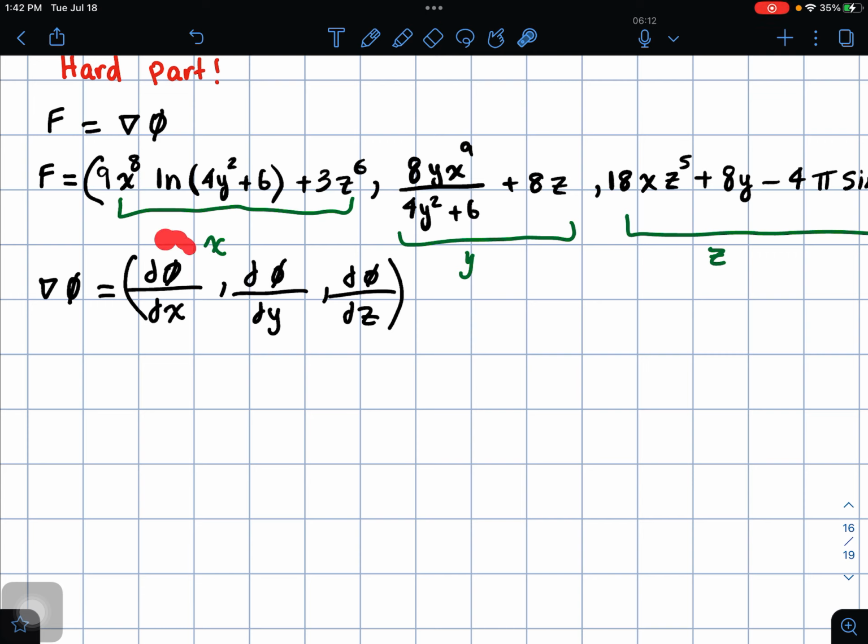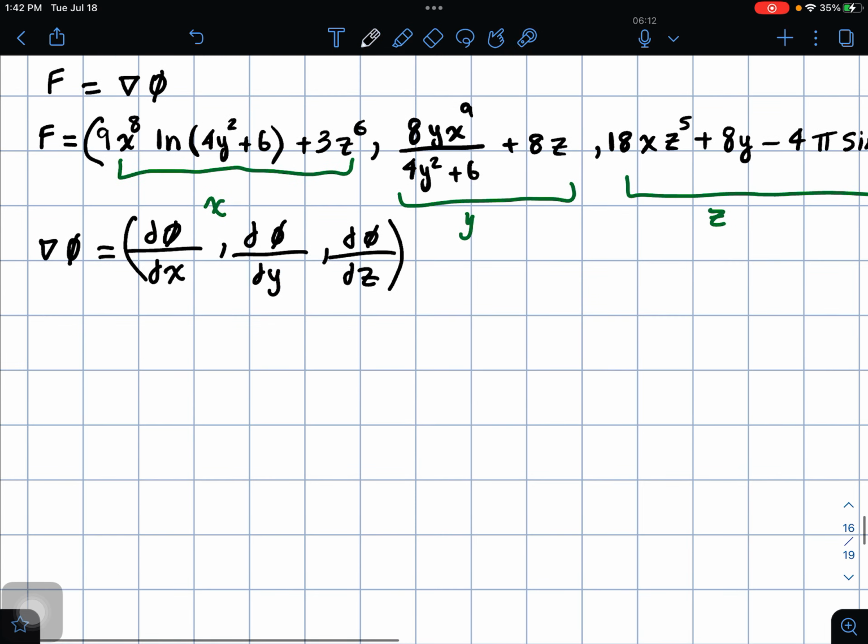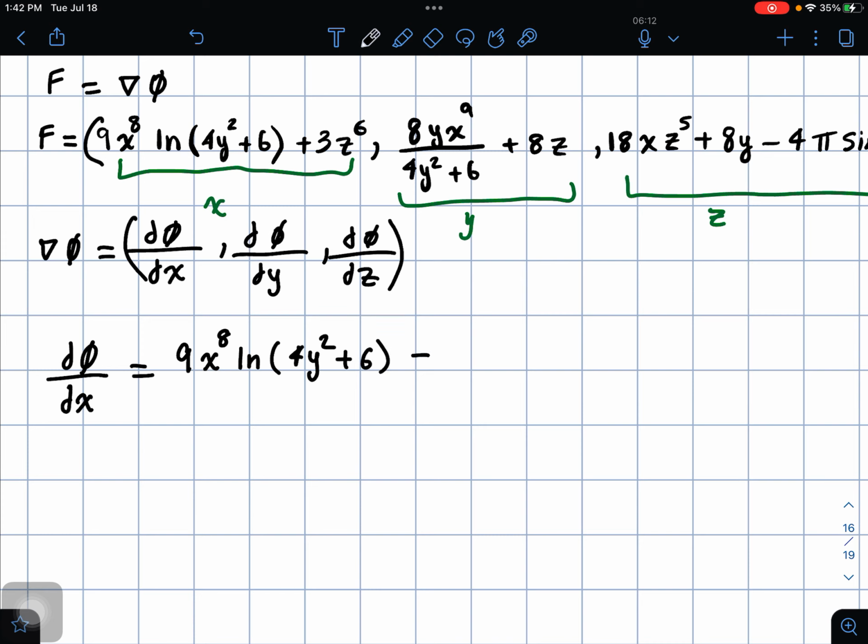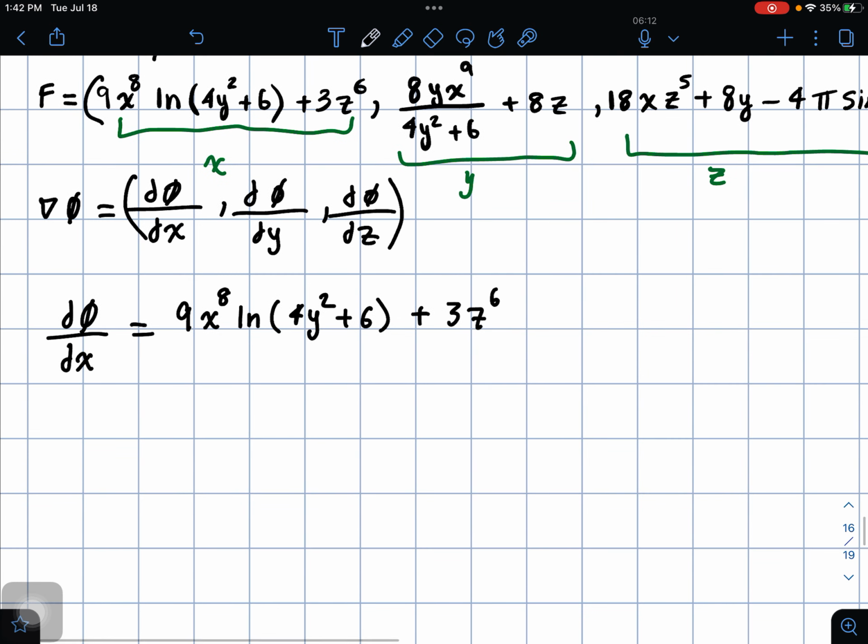They're both coordinates, so what you can do is just equate the components. You see how these are equal, these are equal. So you start off with this and set them equal: del phi del x is equal to 9x to the 8 ln 4y squared plus 6 plus 3z to the 6. Okay, that was the whole x coordinate.